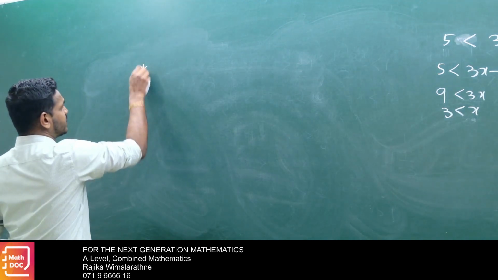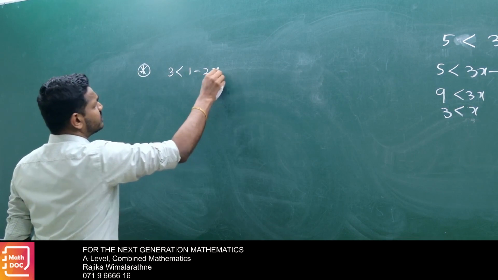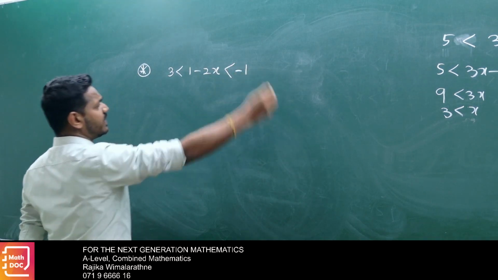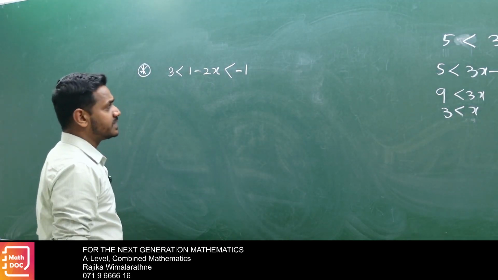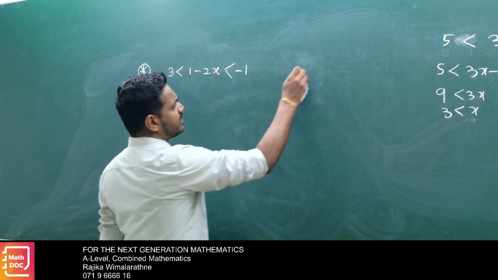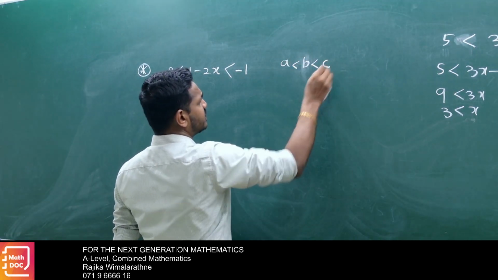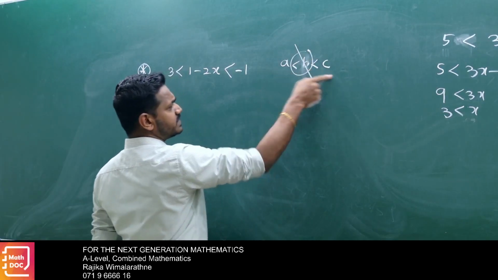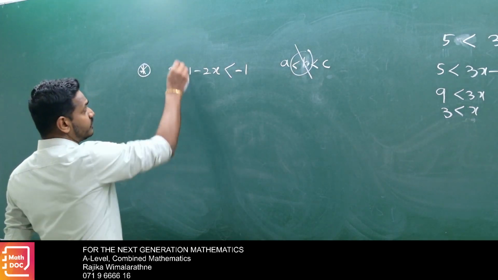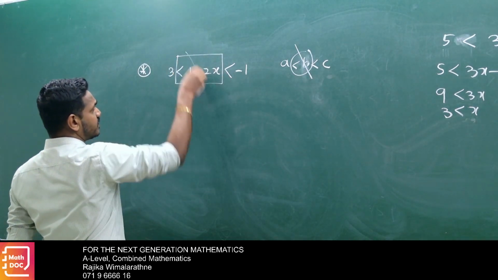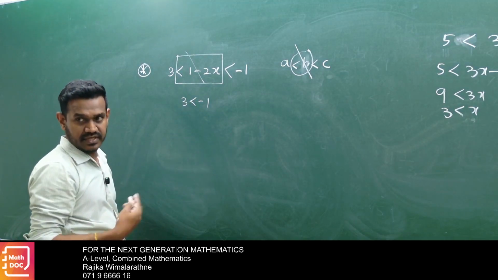Now here see a special case: 3 less than 1 minus 2x less than minus 1. Now this is somewhat special because, with a double inequality like this, if we remove the middle, then 3 less than minus 1 must be satisfied, no? A less than C must be satisfied. Now 3 less than minus 1 is a completely wrong expression.